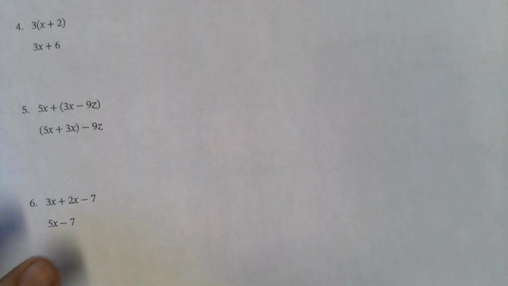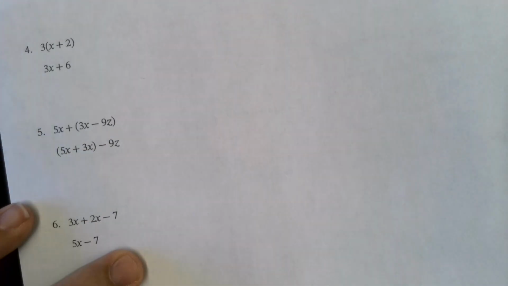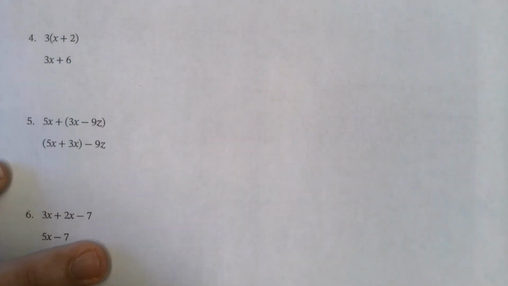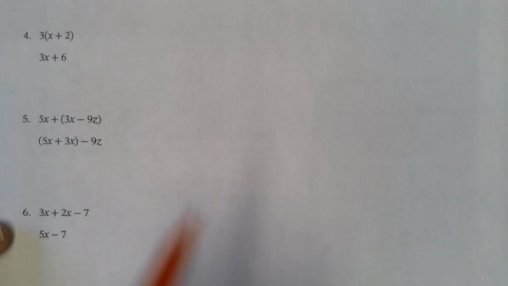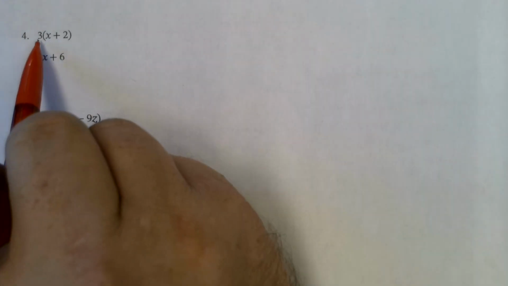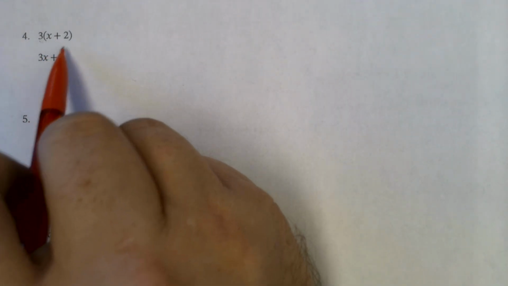On to the next question, number 4. 3x plus 2 and 3 times the quantity, the sum, x plus 2, and 3x plus 6. Well, when you see parentheses, that says to multiply. If you have a term out front of parentheses, you're multiplying that term times each term inside the parentheses.